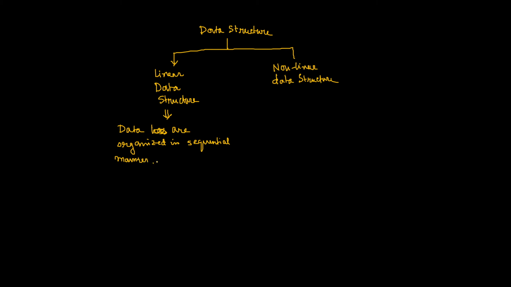If you try to visit all the nodes, all the values, then you can visit them in only one run. All the data can be visited in a single run.